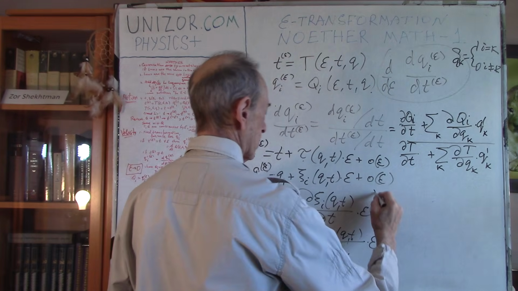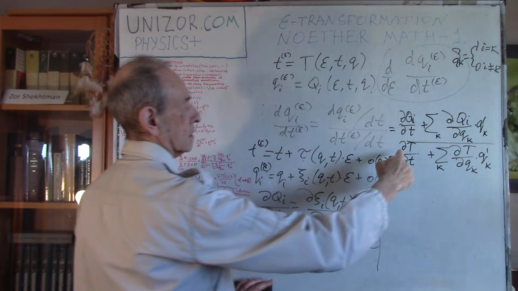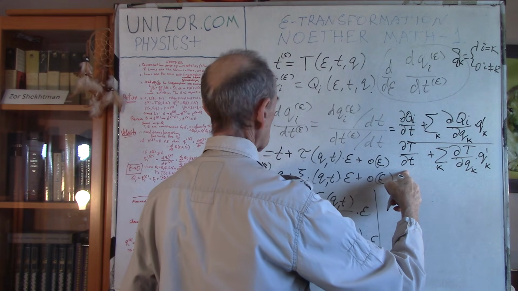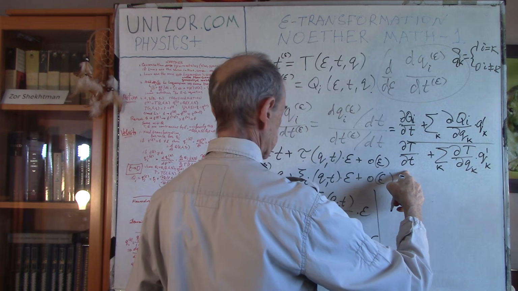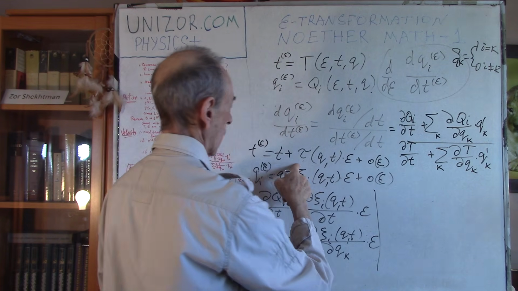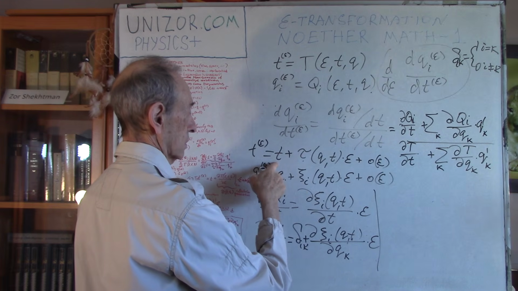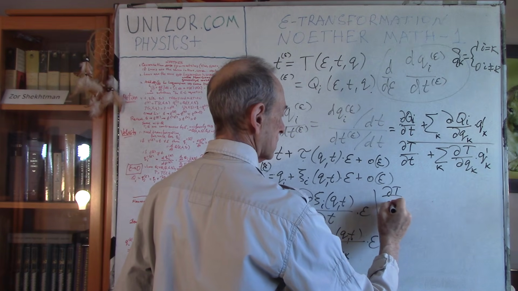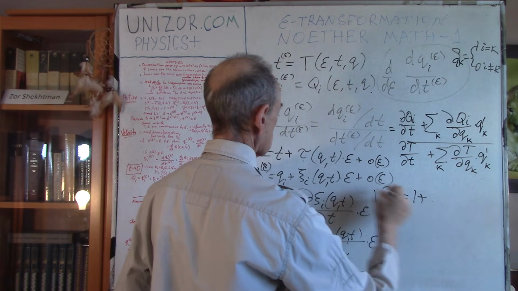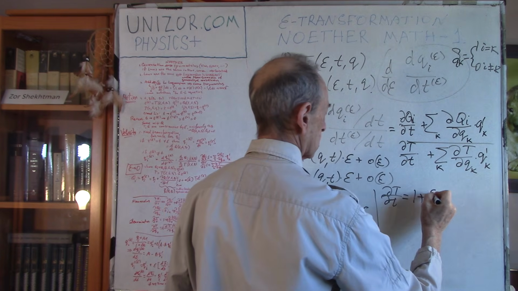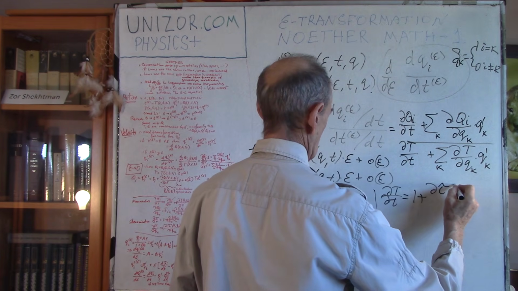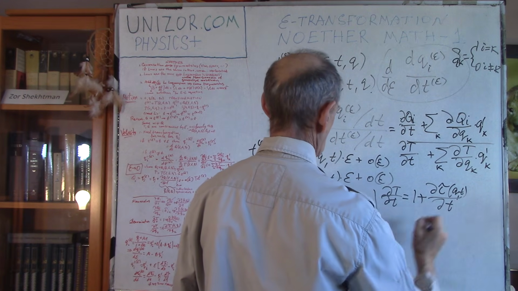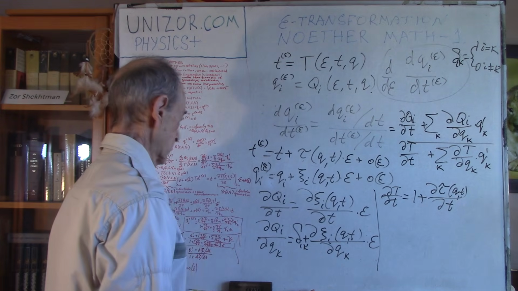Okay, now time. Same thing in the denominator. We will have dt by dt, which would be 1, because time by time would be 1. So dt by dt would be 1 plus tau differentiated by time, tau of qt by time. Right?